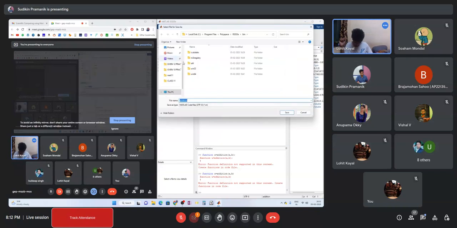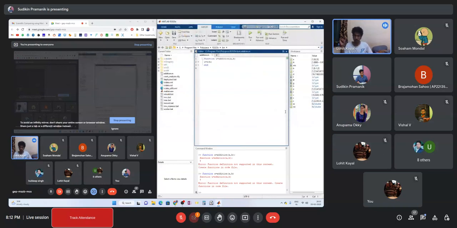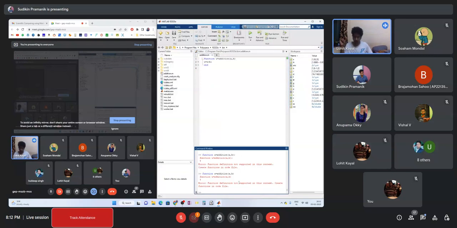You see that the name is already addition.m. Save it. Now go to the command window. Now write addition 23. Be sure that it is in the same folder. Can you see addition dot? Yeah, it is there. Addition, something in brackets. So you get that.